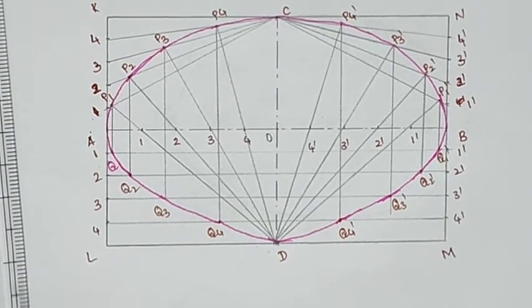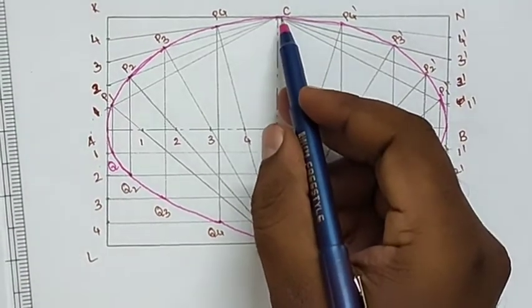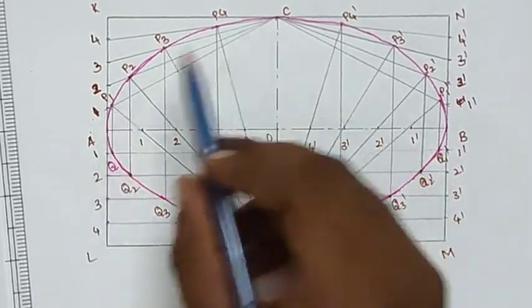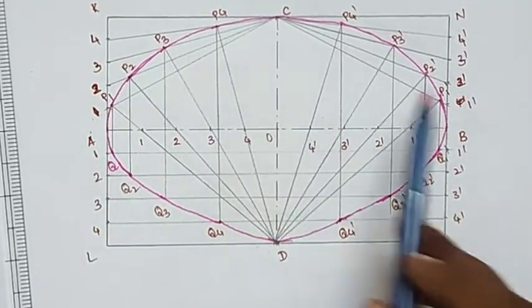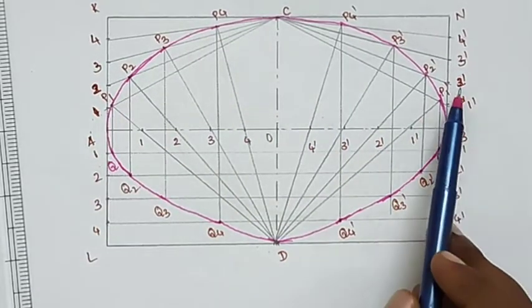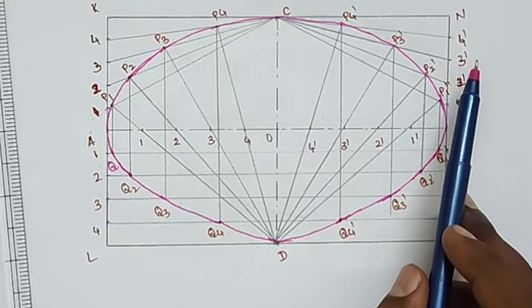After that, taking C point as the center, joining C21, C22 and C23, C24. Similarly in this direction also C21 dash, C22 dash, C23 dash and C24 dash.